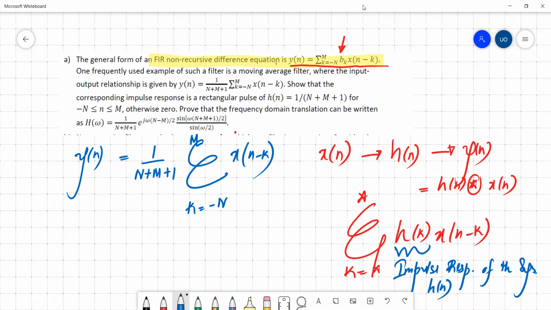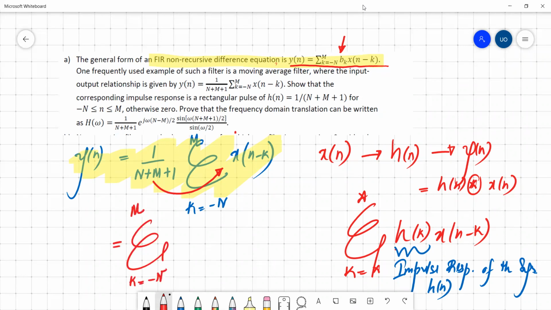If you map the same concept here, you can rewrite it like this. You can bring this term inside because it's a constant independent of this k. So then it becomes the sum for k from minus n to m of 1 over n plus m plus 1 times x[n minus k].